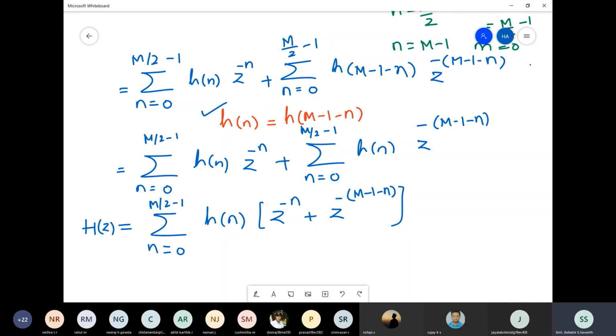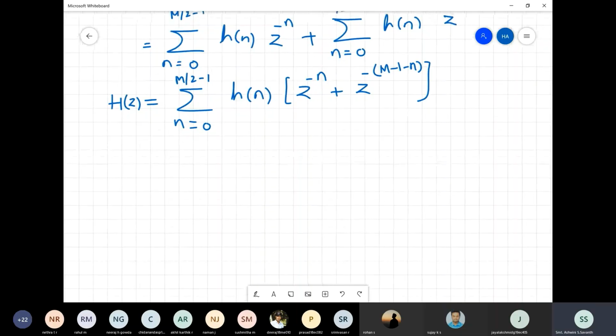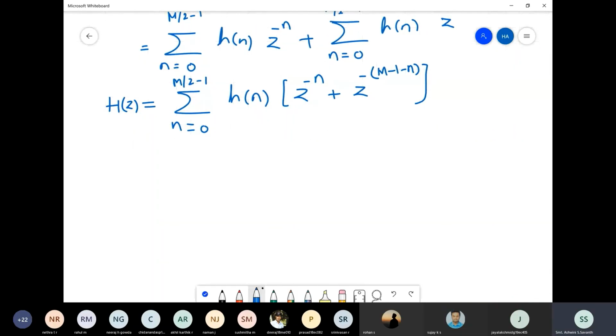The frequency response is nothing but the DTFT of a signal, obtained using the Z transform. So in H of z, we can make the substitution z equals e to the power j omega.